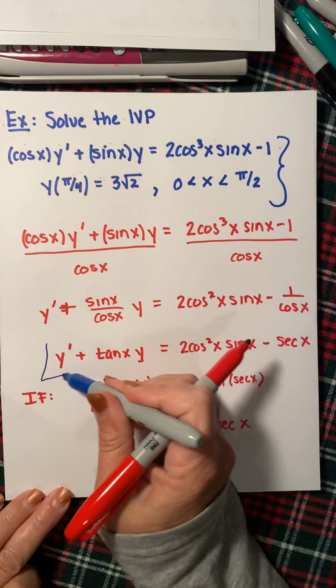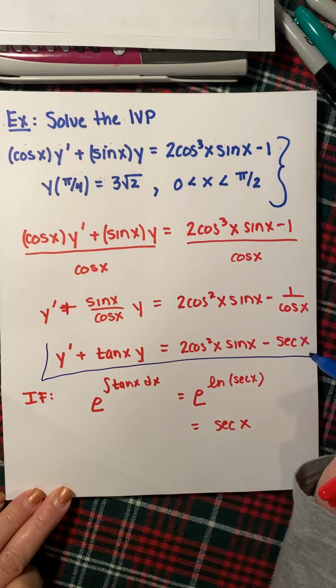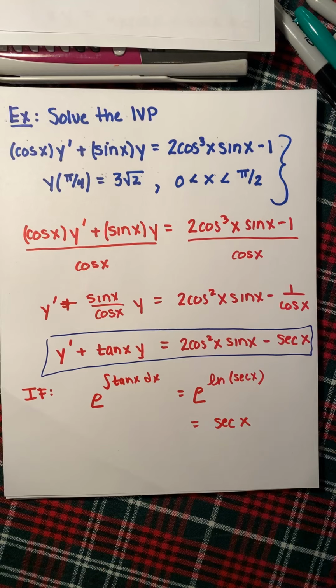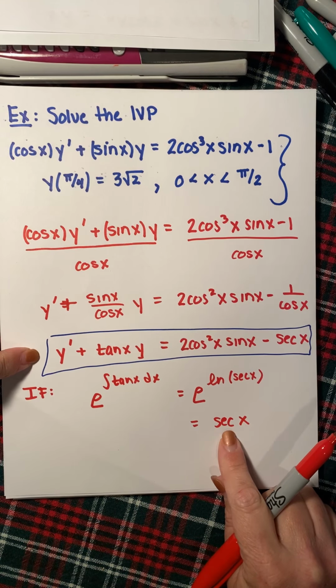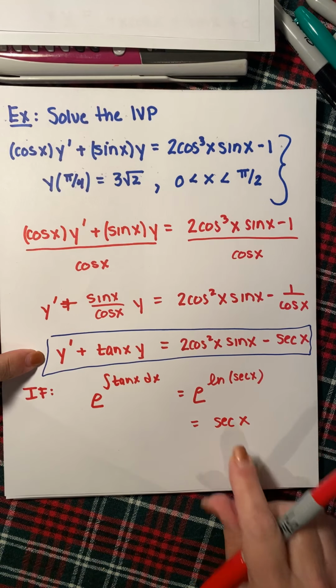So remember, this is the form that we want to multiply both sides by the secant. We may not do it up here in the original. It won't work. So I'm going to take the secant and multiply it by both sides of this linear first order differential equation in the proper form.